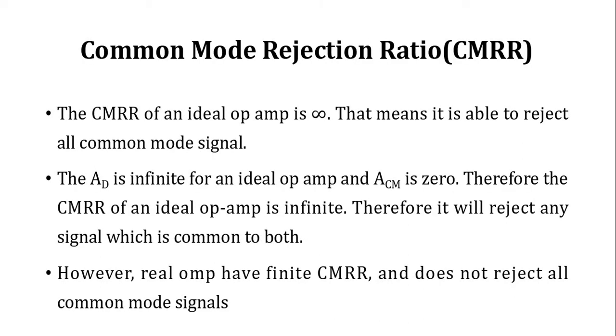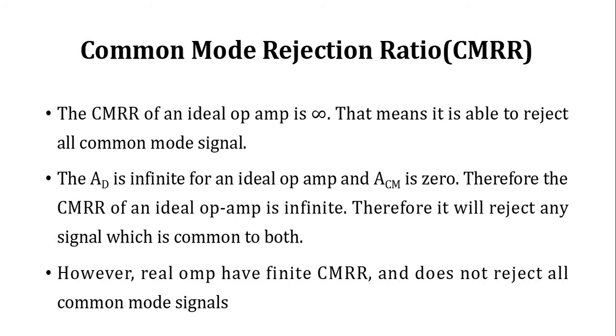The last one is the common mode rejection ratio, CMRR. The CMRR of an ideal op-amp is infinity. CMRR means the ratio of differential gain to common mode gain. That means it is able to reject all common mode signals.